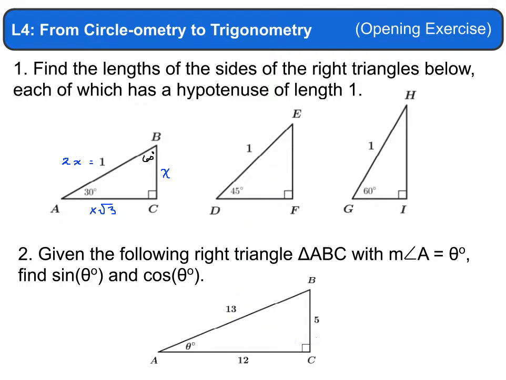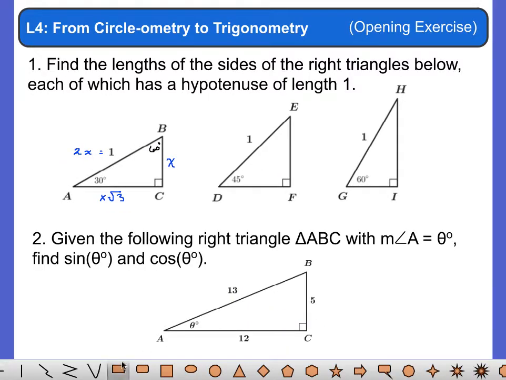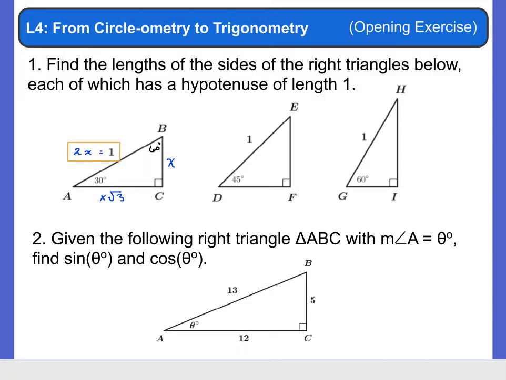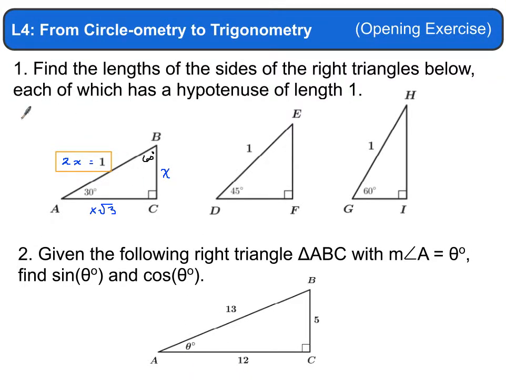So the reason why that's important is we look at this part right here and we can see a little one-step equation being developed. 2x equals 1. So if I were to solve that over on the side, if I had 2x equals 1 and I solve for x, I find out that x is equal to 1/2. Now why does that matter?